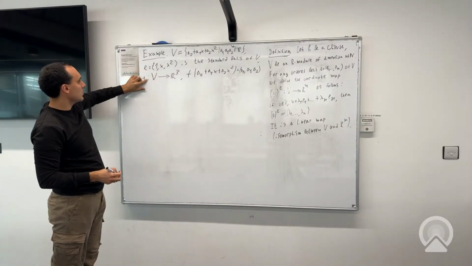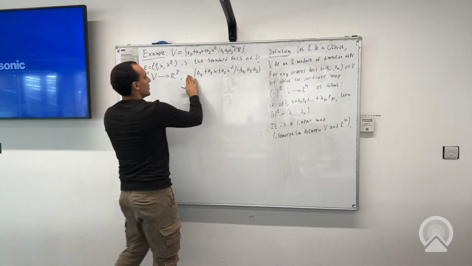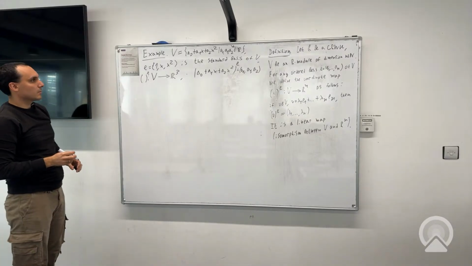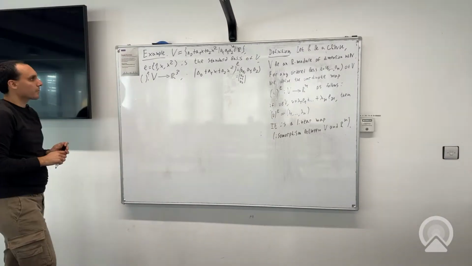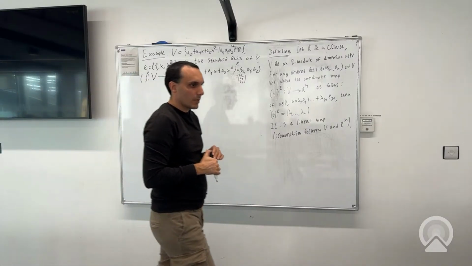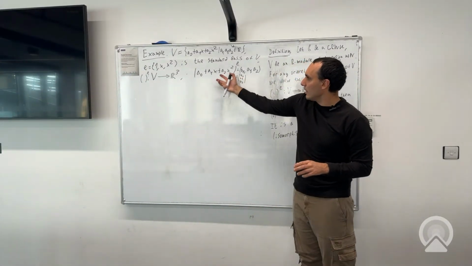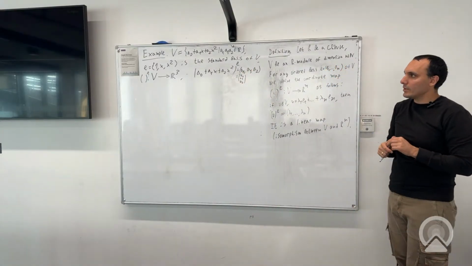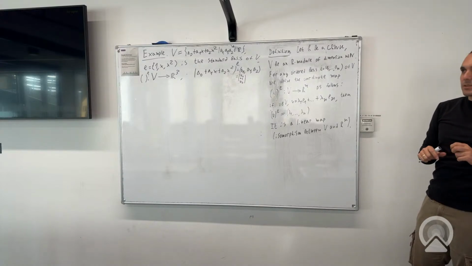So this is the map, in this basis. So for any vector space, we can represent its elements by vectors. For linear operators, we can also do that, but it's better to represent them as matrices.